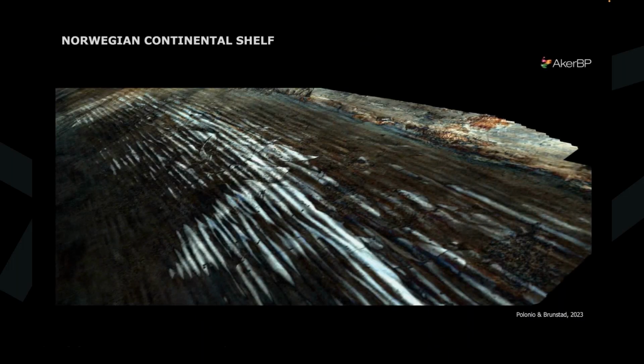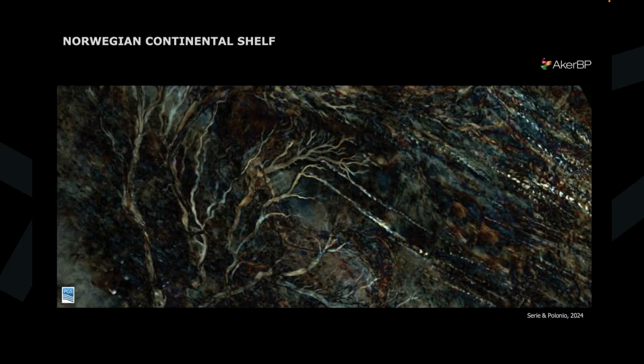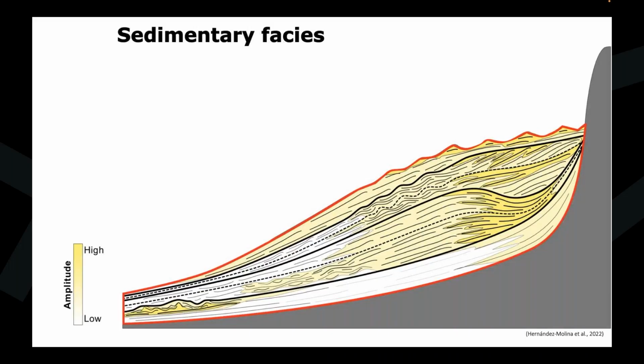Another example, there are these sandy ribbons from Norway, or a secondary feature of these amazing sandy dunes and furrows, as well from the Norwegian margin that you can see here on the right. So these secondary features are very common, and 3D is a fantastic tool to identify these smaller features, very indicative of the influence of these bottom currents.